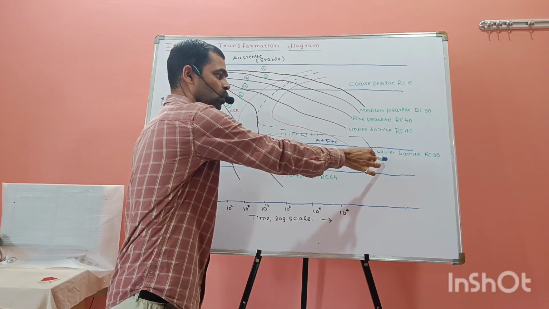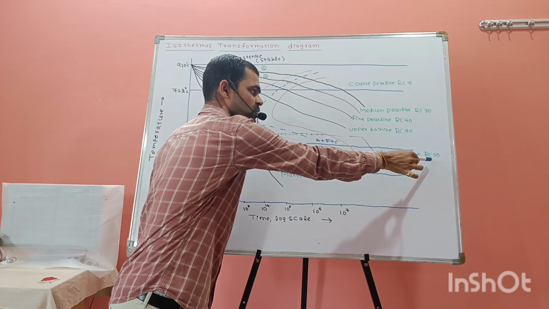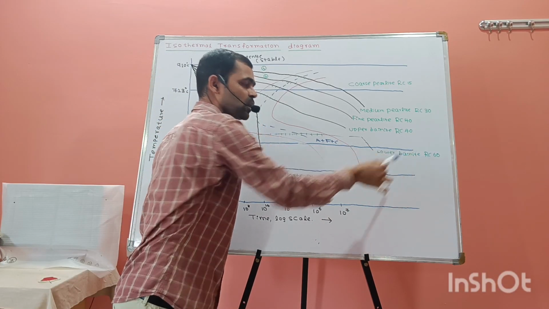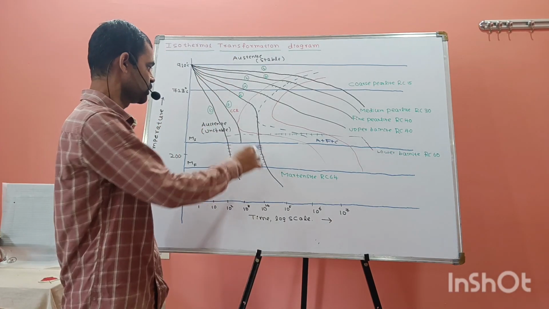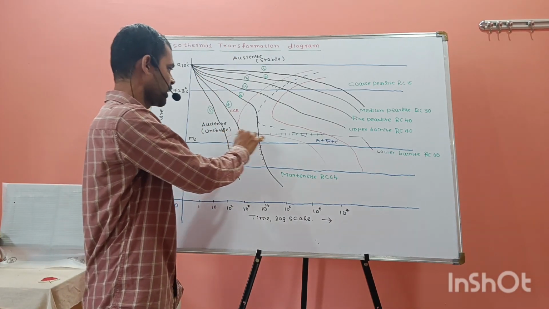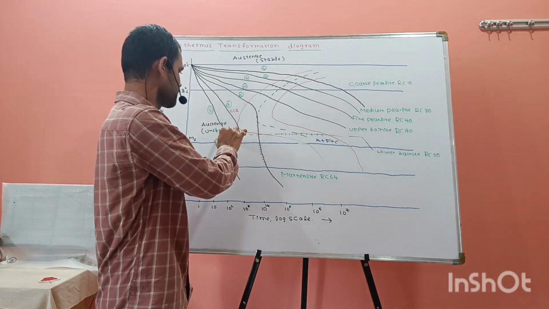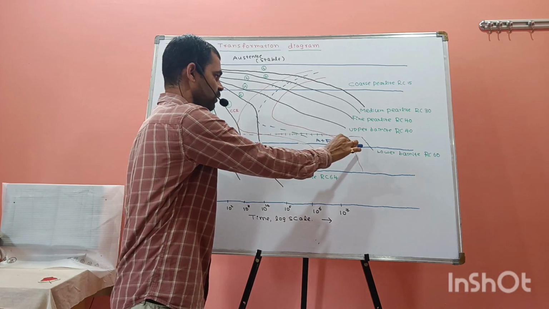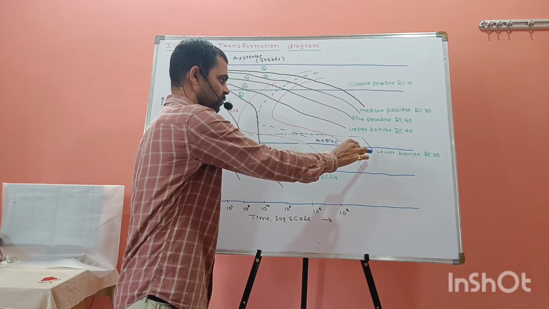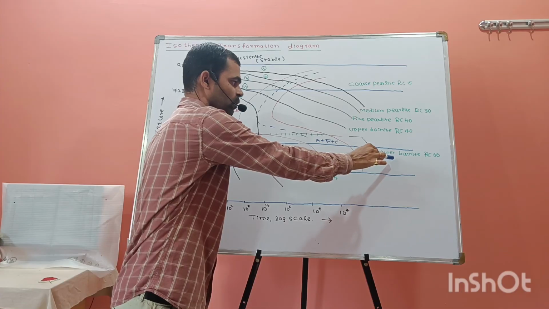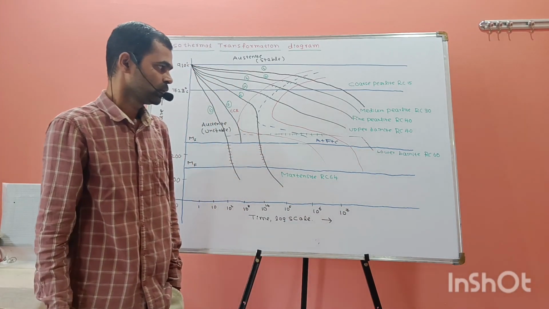Next one, lower bainite, where we get Rockwell C 60. This is the isothermal line, isothermal curve, because the temperature is constant here in lower bainite.